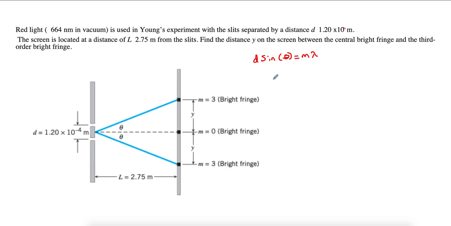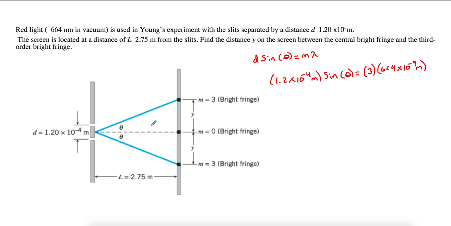And so we can fill this out. d will be the 1.2 times 10 to the negative fourth meters, sine of theta, and we don't know theta, and m is going to be the third order because it's bright, so it's a whole number, and then our wavelength is going to be 664 nanometers, or 664 times 10 to the negative ninth meters.